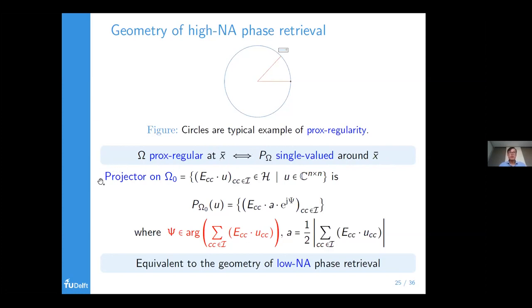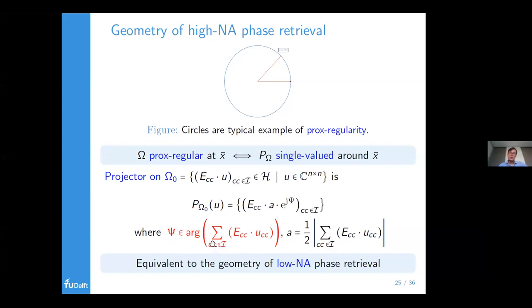For example, we consider the general constraint omega 0. We check this in the formula for the projector on this set. U is a point to project on omega 0, and these are the components of U. This formula is the formula for the projection. The amplitude is uniquely determined by this one, and the phase in this form.